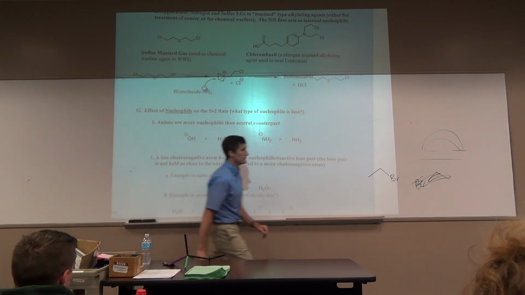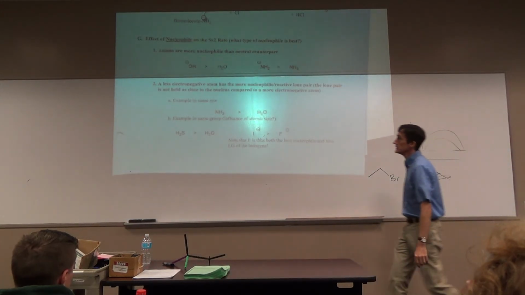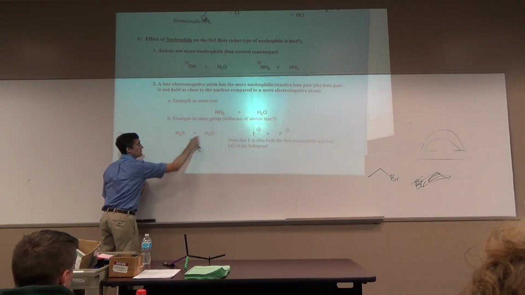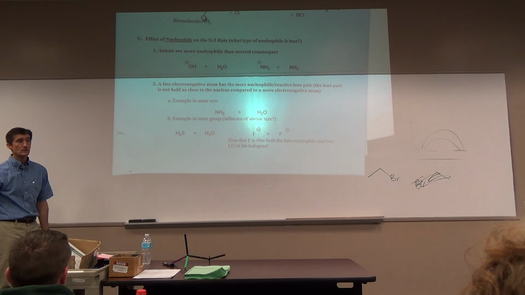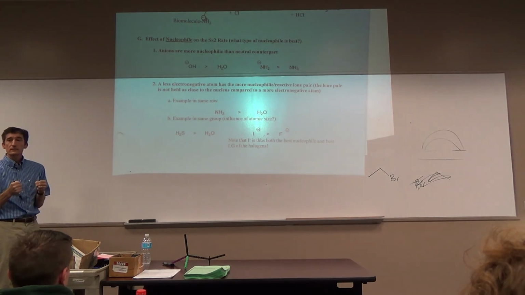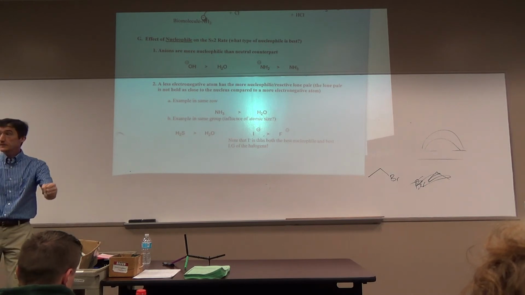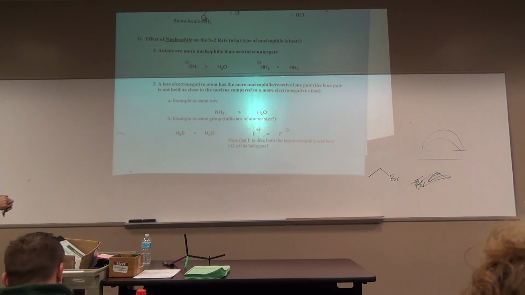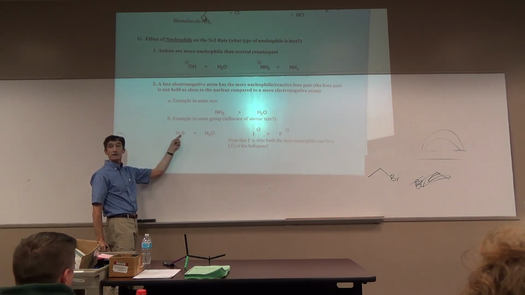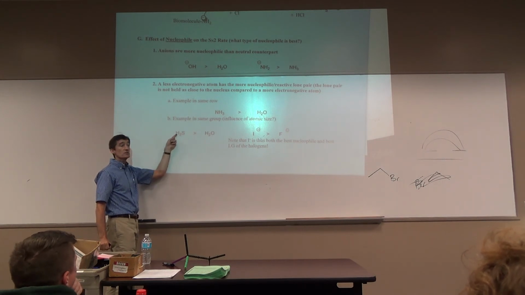Okay, let's look at that down here. H2S is a better nucleophile than water. Why? Because oxygen holds the lone pair tighter. Sulfur is less electronegative. The lone pair is more out there looking to do backside attack. Your body actually uses sulfur as a nucleophile all the time, because even in the neutral, it's a good nucleophile.